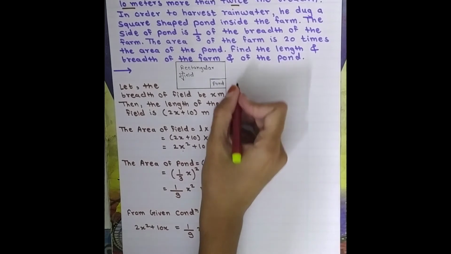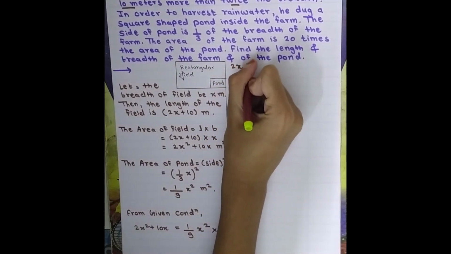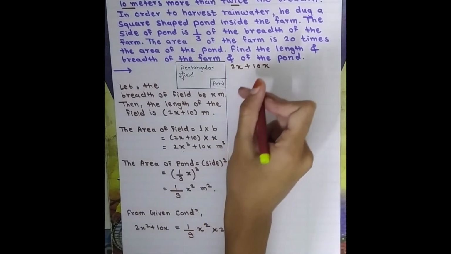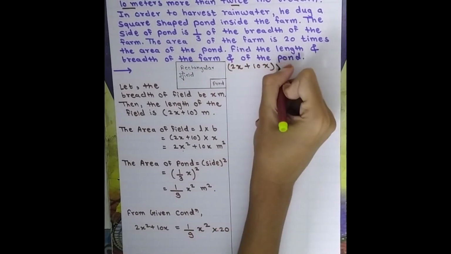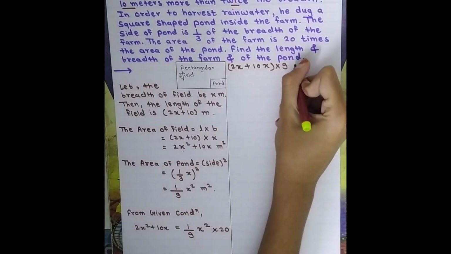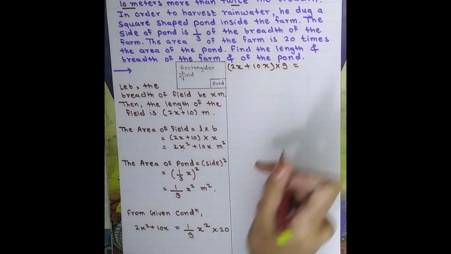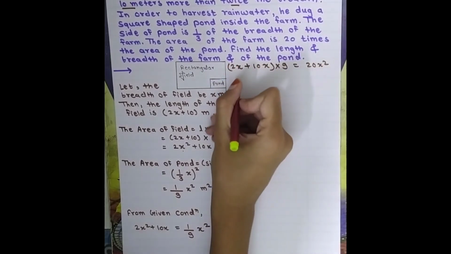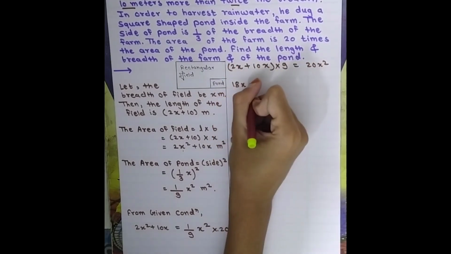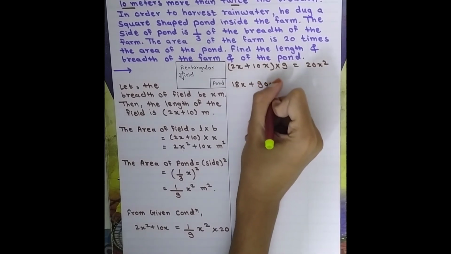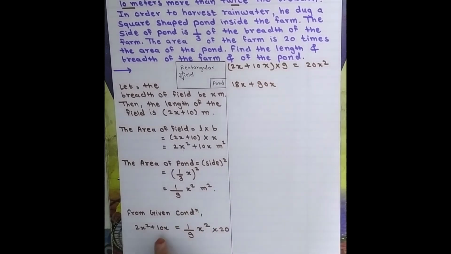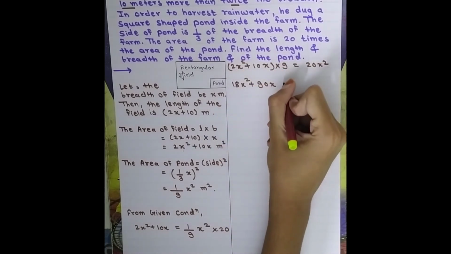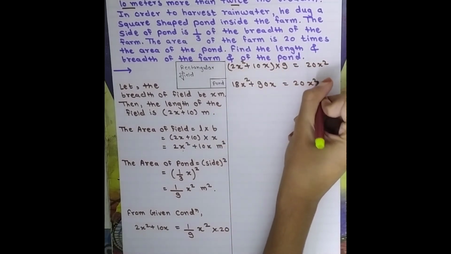Now solve this. Multiplying by 9 on both sides, 9 into 2 is 18x square plus 90x is equal to 20x square.